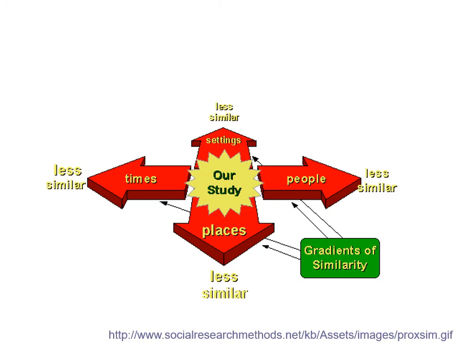Now imagine you have a study and your population of interest is all college students in the United States, and you decided to gather only Caucasian students to be part of your study.